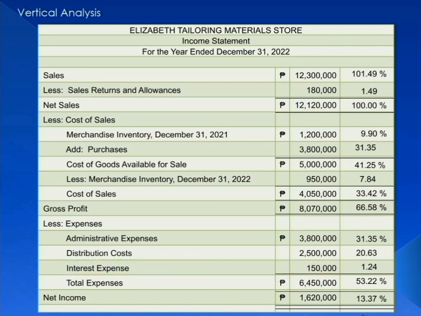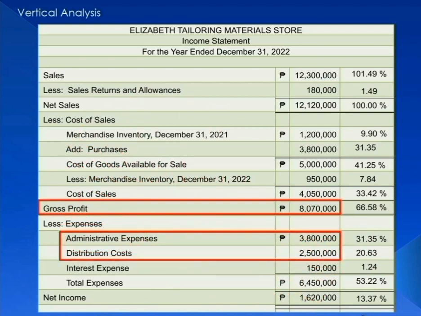The first is the gross profit minus the operating expenses. So, 8,070,000 minus 3,800,000 and minus 2,500,000 equals 1,770,000 operating profit, which should be our numerator in the formula.